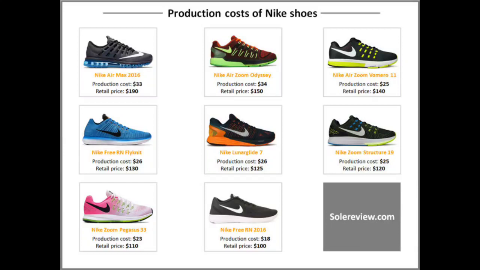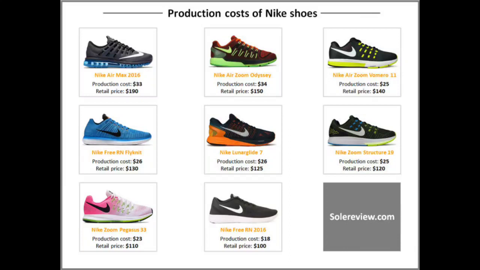If you look at these different types of Nikes, you'll see what the production cost is and what the retail price is. So let's just take the first one up there, the Air Max 2016s. The actual cost, remember what cost is, how much it costs to actually produce the item, was $33, but they retail for $190. So the cost is $33, but the retail price is $190.